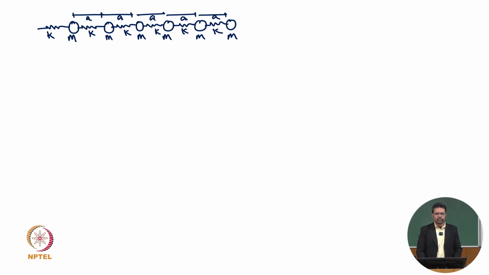So just think we have masses connected by springs k, and we excite it and try to see how the wave is propagating inside. That's our objective: to find out how it is actually happening.